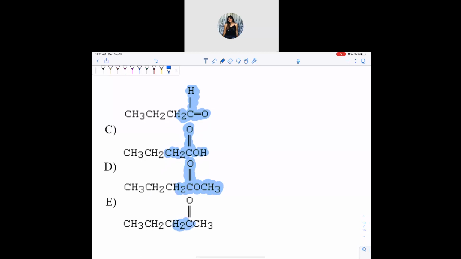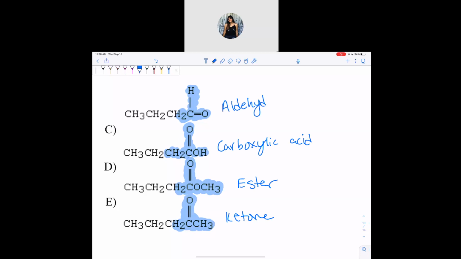And here we have a ketone. I am going to write those out for you because it is important that you are familiar with those functional groups and seeing them in this condensed formula. So just know what each of these condensed formulas stand for without having to draw it out.